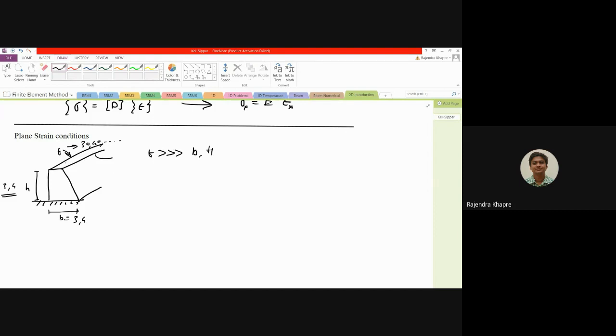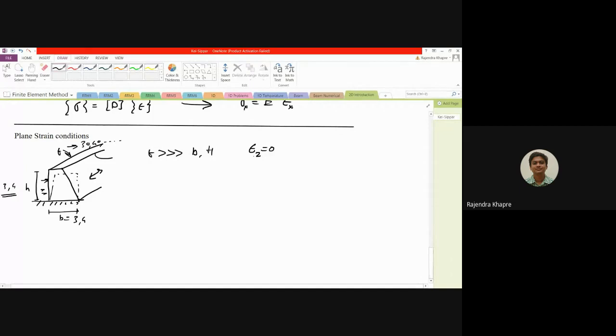Because here you will have a water pressure, and because of this your structure may deform like this. But as far as this direction is concerned, deformation is not at all possible. Even if it is possible, the value of this strain will be very, very small. So in the plane strain condition, the strain in the z direction is assumed to be 0.